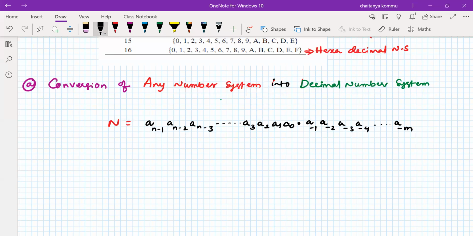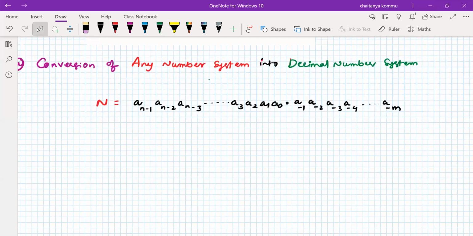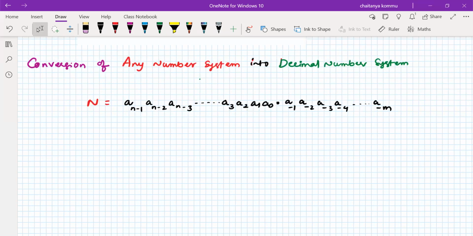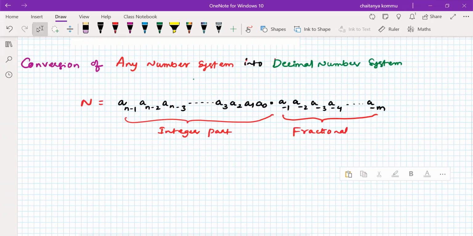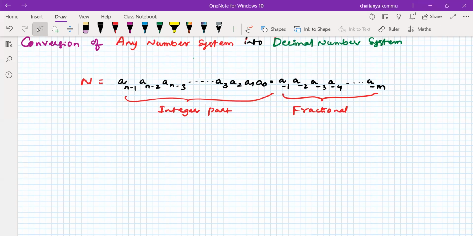It is very difficult to write this particular thing all the time. This part is called the integer part, and from the point onward it is the fractional part. It is possible to write it in a shorter way also.